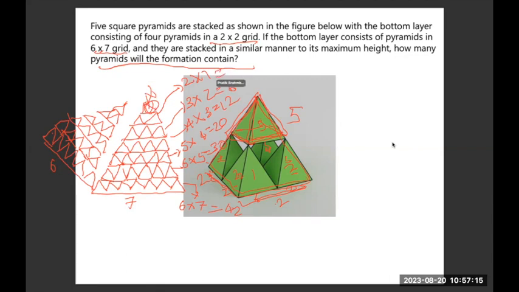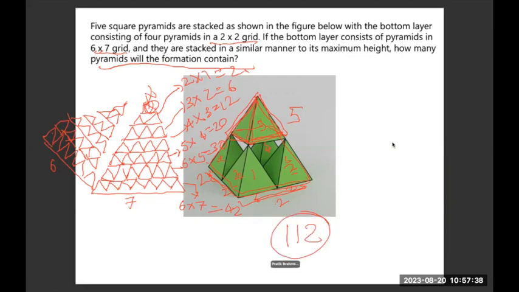Right. So let me add it now. 2 plus 6 plus 12 plus 20 plus 30 plus 42. That will be 1, 1, 2.